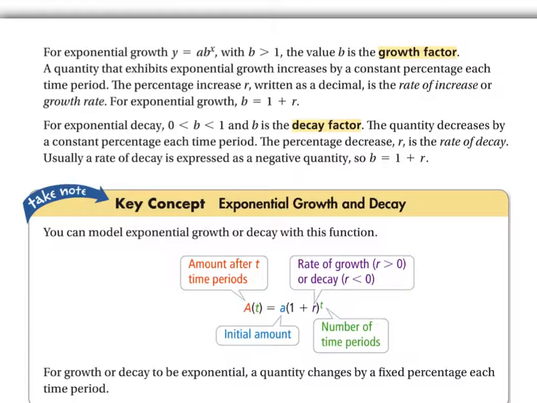If we say that it's going to grow by 30% each time, we change our b value a little bit. Okay, think back to the financial problems we did, the shopping problems we did, right? If I said that there was a 30% decrease, we took the price of our item minus the 30%, right? We had to take 30% of that item.